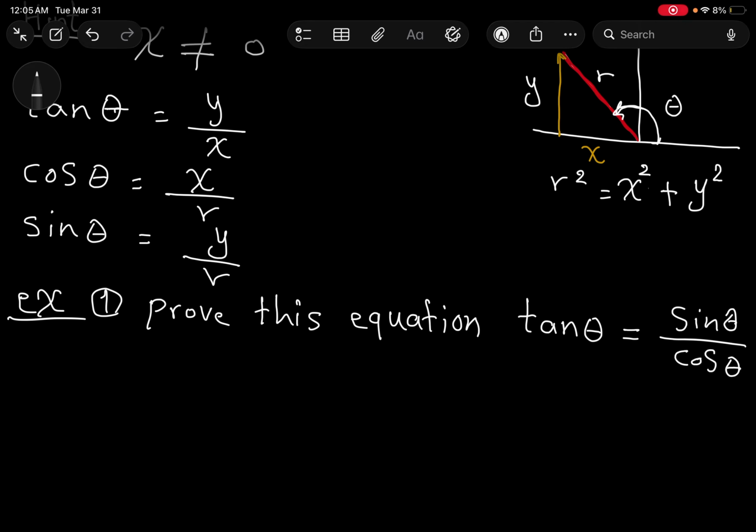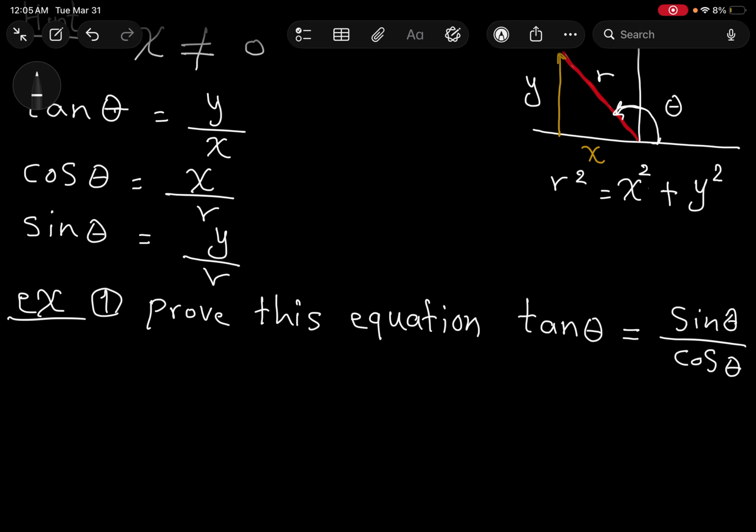It's so crucial. If you prove the right side, you should equate it to the left side, or the left side to the right side.